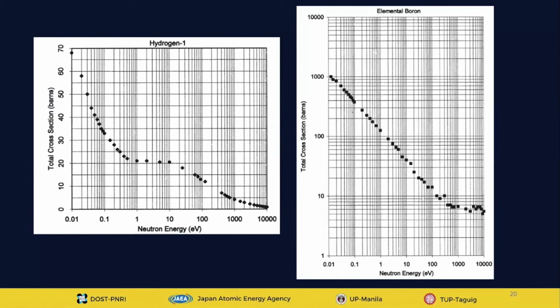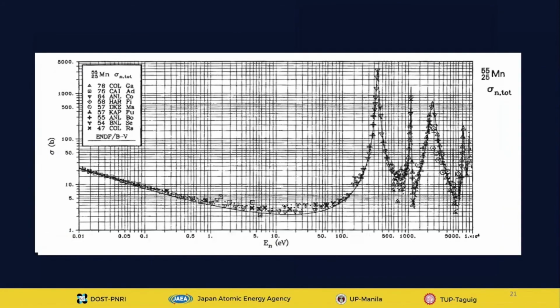These elevated neutron cross-sections at some specific neutron energies appear as sharp peaks in plots of cross-section versus energy of that nuclei, such as this one. This is a plot of the cross-section of manganese. So these peaks right here that we see are called resonances.